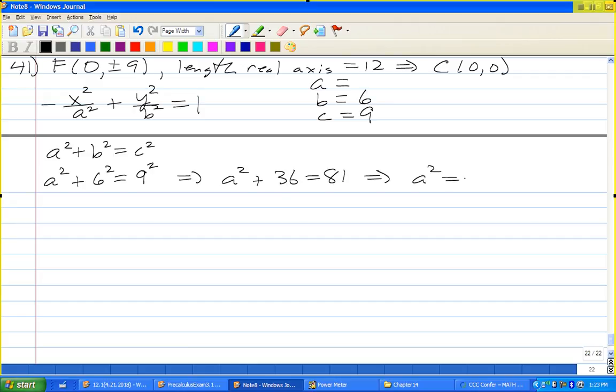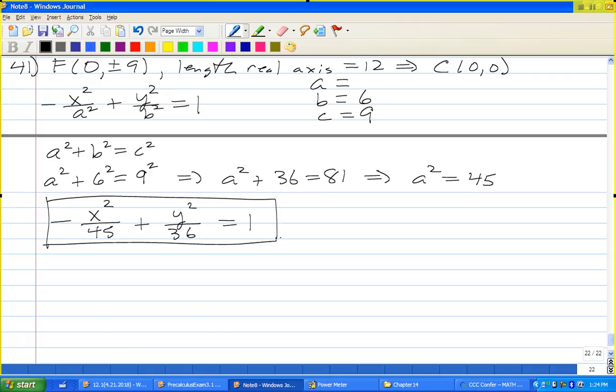Therefore, a squared is 81 minus 36, 45. And so I have negative x squared over a squared plus y squared over b squared is equal to 1. And so this is the equation of my hyperbola.